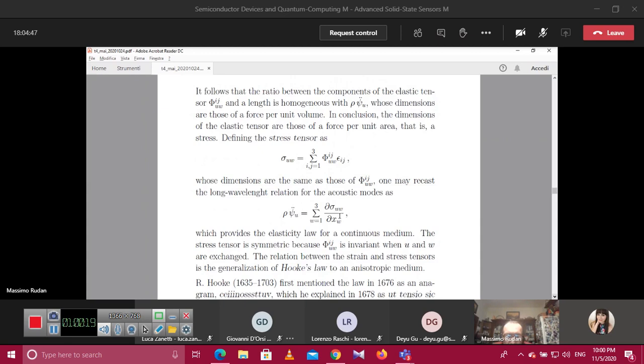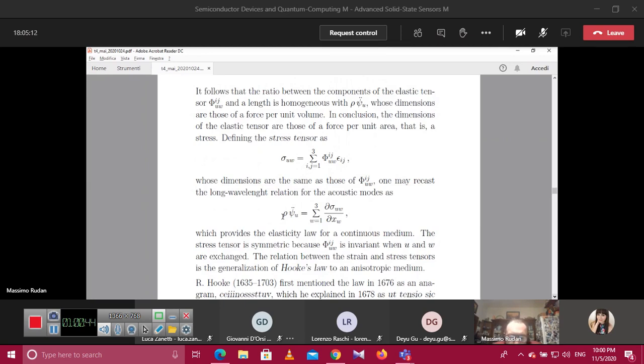You see that essentially this is a generalization to 3 dimensions and to the anisotropic case of a very, very old law that is, as you remember, Hooke's law of elasticity. Okay?